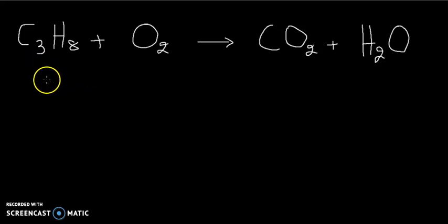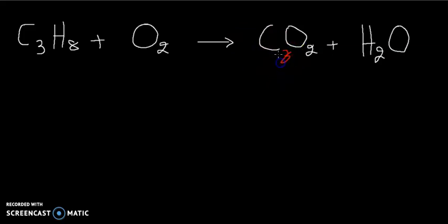Let's check for carbon first. How many carbon atoms do I have here? I have 3. How many do I have here? I have 1. Okay, but we don't write it, so this one is here, but we don't show it. So what should I do? I should multiply this by 3. Can I put the 3 here?